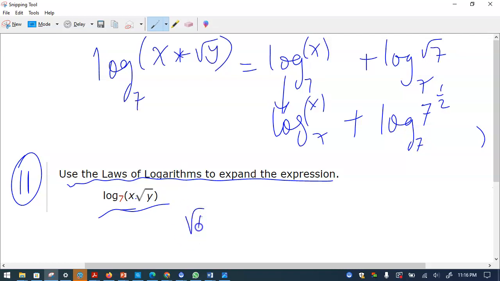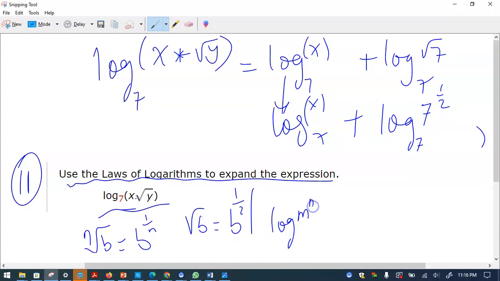Remember, square root of b is always b raised to half. In other words, nth root of b is b raised to 1 over n. And then after that, you're applying another formula, logarithm of m raised to n to the base b. This n gets multiplied outside, and you get n times the logarithm of m to the base b.